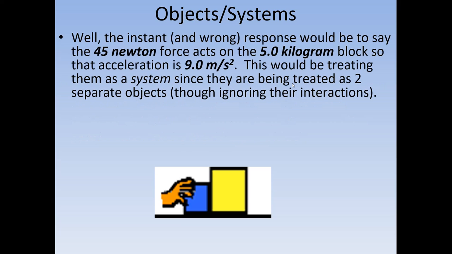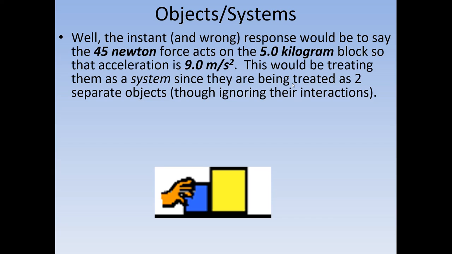Instead, what we have to realize is that even though I'm only applying the 45 newtons onto the 5 kilogram object, and even though they only ask about the 5 kilogram object, this is a system with two objects interacting with each other and being affected by the 45 newtons. Even though the 45 is only directly touching the 5 kilogram block, it is still being impeded by the 10 kilogram block.